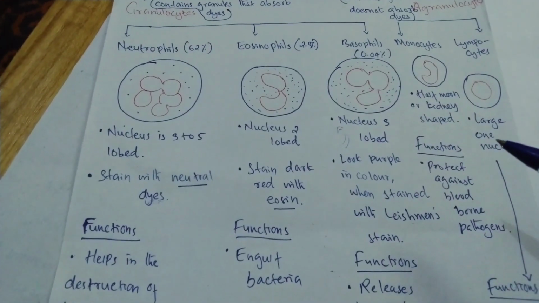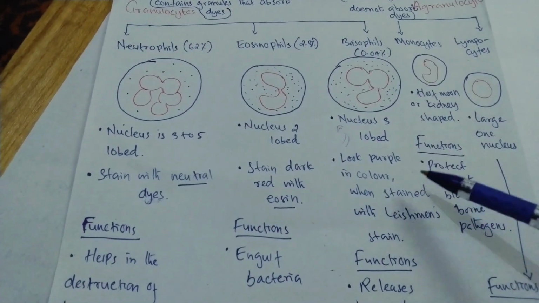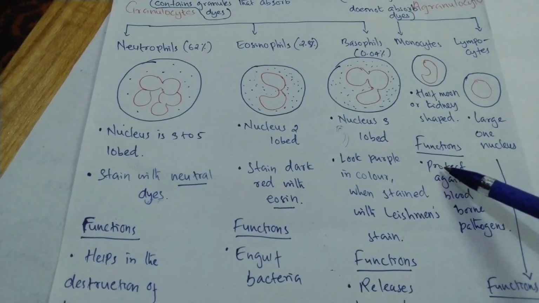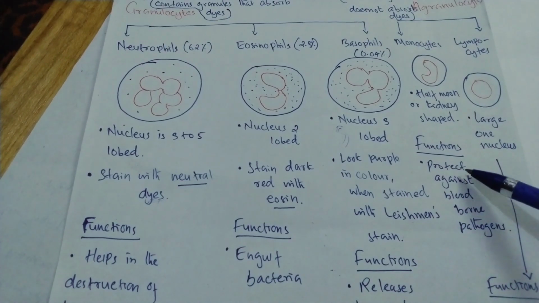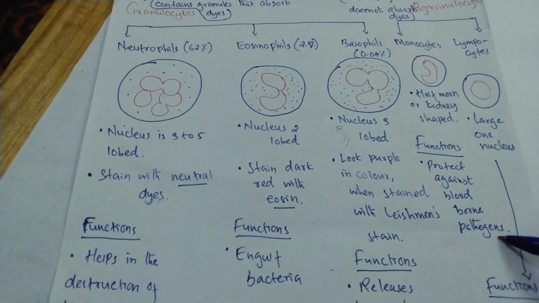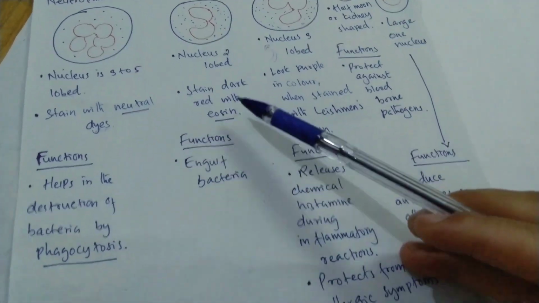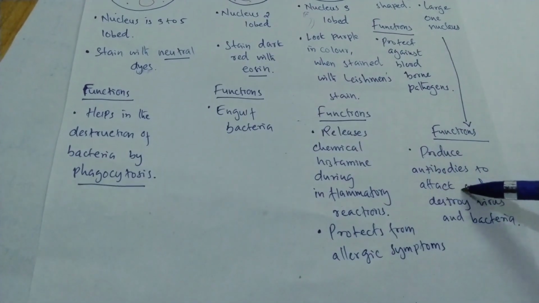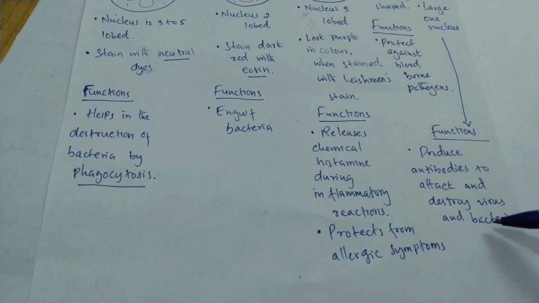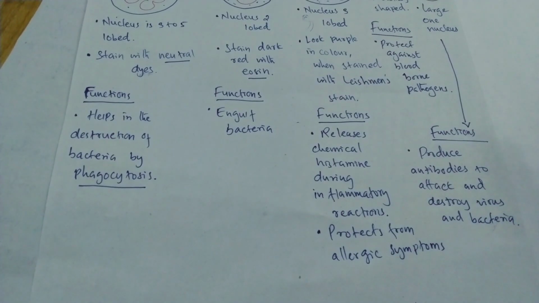So let us look at agranulocytes. The function of monocytes is to protect against blood-borne pathogens. And the function of lymphocytes is to produce antibodies to attack and destroy viruses and bacteria.